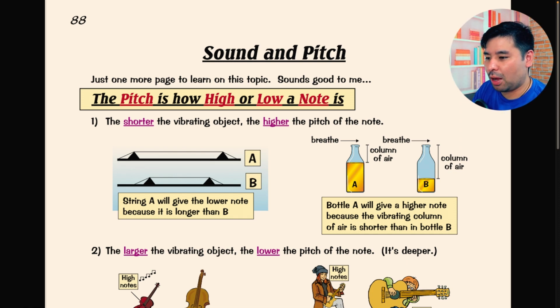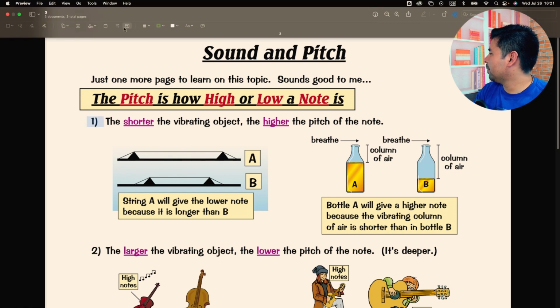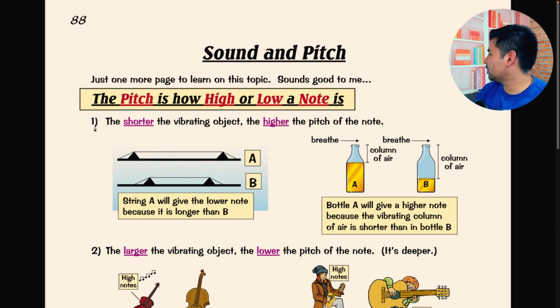The pitch is how high or low a note is. Again, the pitch is how high or low a note is. That's why we said in Portuguese we can call it tom, o tom do som. So, number one, check it out here with me. Let me make some notes here, just a second.